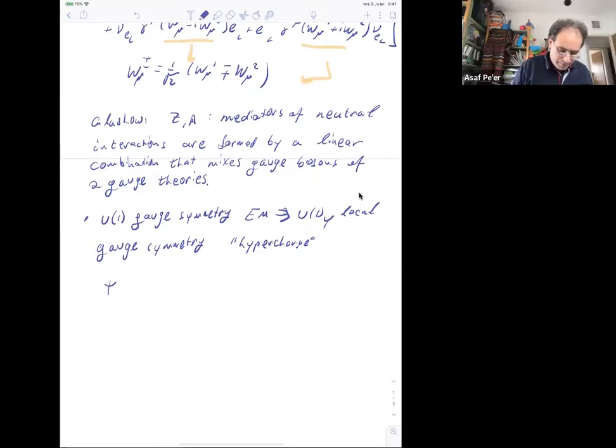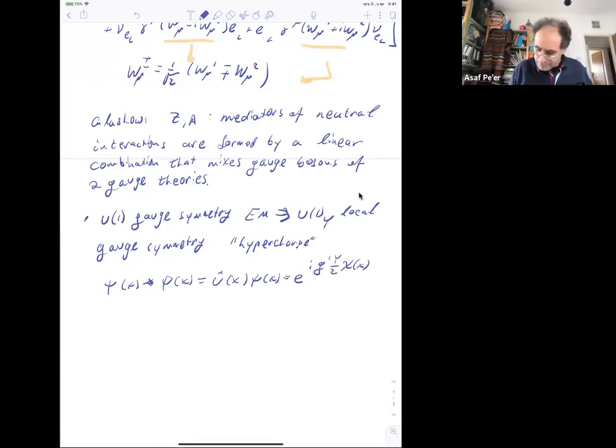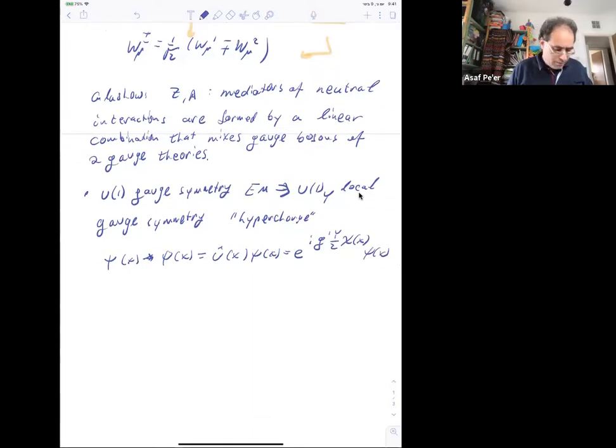So psi of x will transform as psi of x goes to e^{i g' (Y/2) chi(x)} psi of x, which has some new coupling constant, which we call g prime. That gives rise to a new field, B mu, and a new coupling constant, g prime. Right? G prime is a new coupling constant.